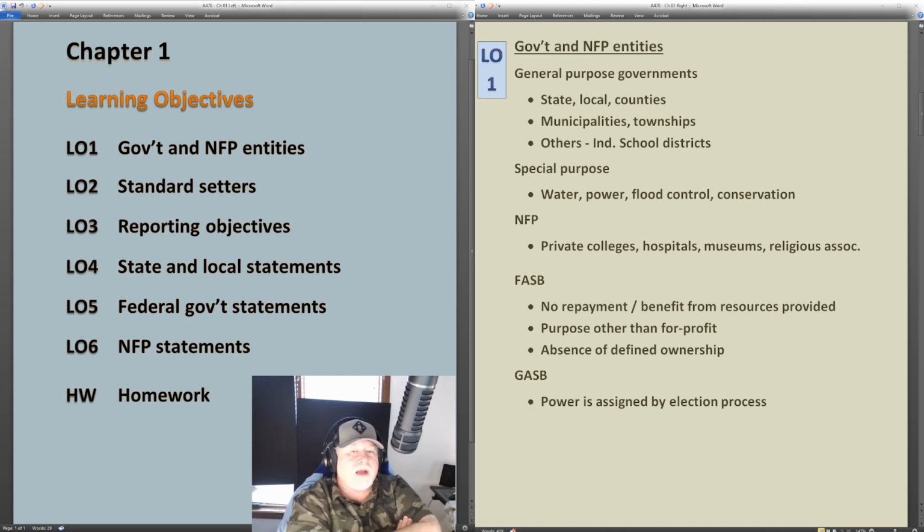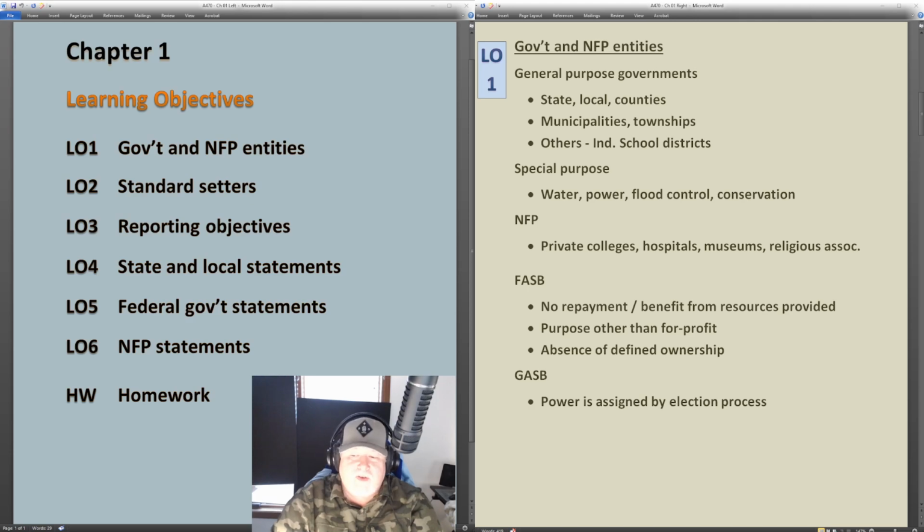They're not using whatever resources are granted, funded, or donated explicitly to make a profit. If you make a profit, it's not the end of the world, that's okay, but their performance measurements are not based upon profit. We'll see what performance measurements they look at in a bit.